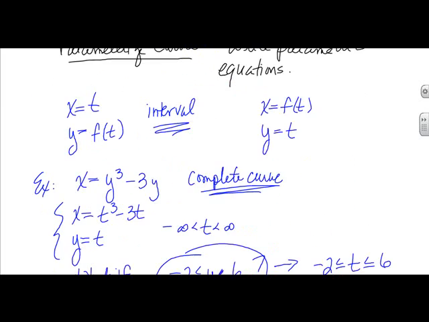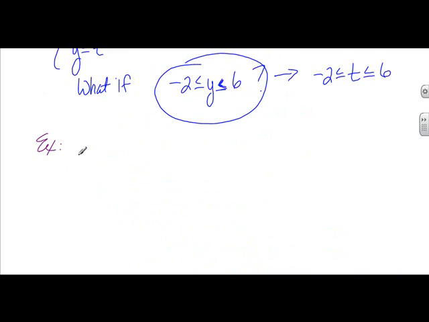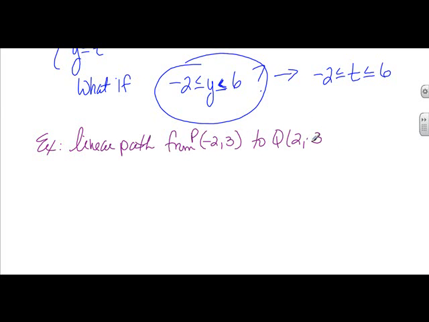I want the linear path from the point P, which has coordinates (-2, 3), to the point Q, which has coordinates (2, -3), and then to point R, which has coordinates (3, 5).